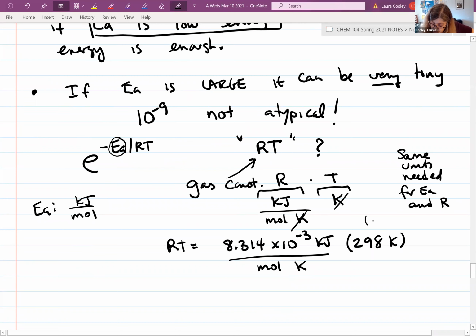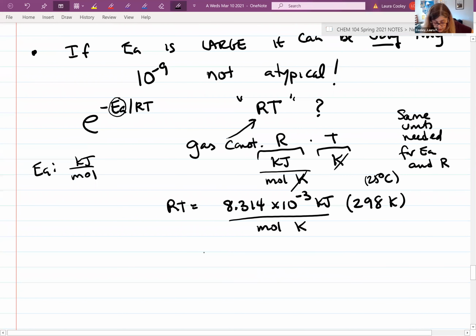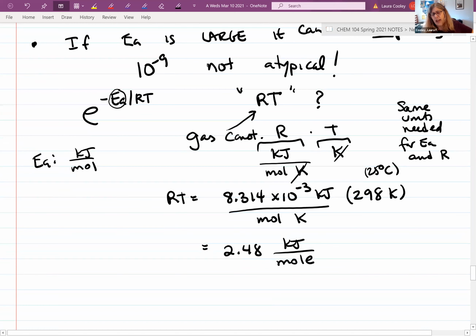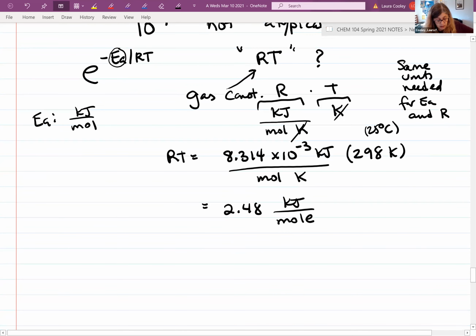That's 25 degrees C. If you multiply these two things together, it comes out to 2.48 kilojoules per mole. And that's actually a typical value of thermal energy that's available just at room temperature. It's not that much, but all right.